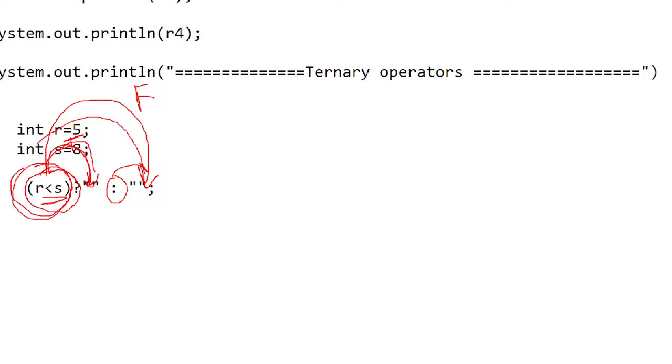These are the three operands we have: this is one operand, this is one operand, and this is one operand. Here we are checking whether the condition is true or false. If it is true, then it will print the immediate value. If it is false, then it will print what comes after this symbol.